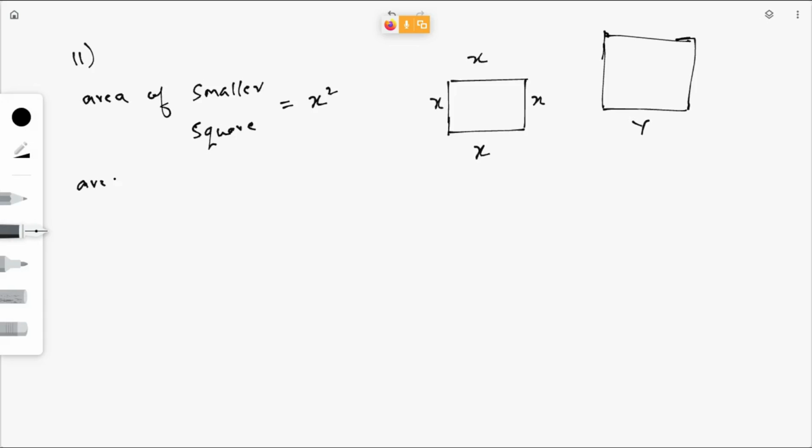Next, the area of the larger square is y square. Any doubts here? Area of the smaller one is x square, area of the larger one is y square.